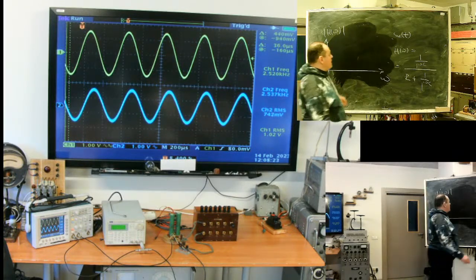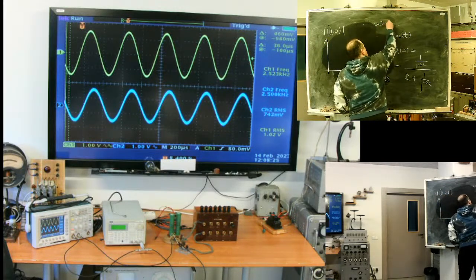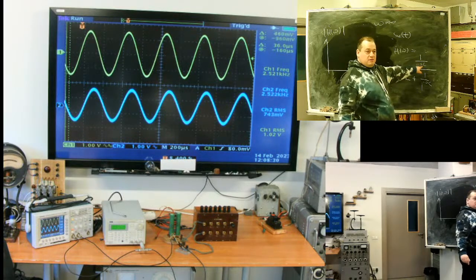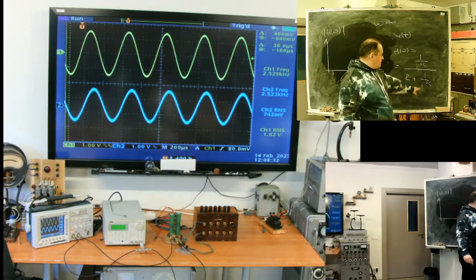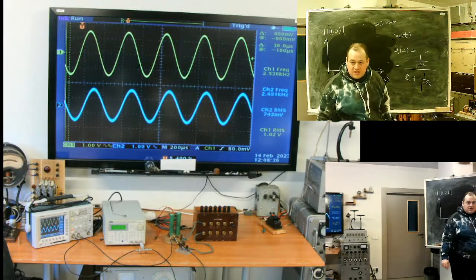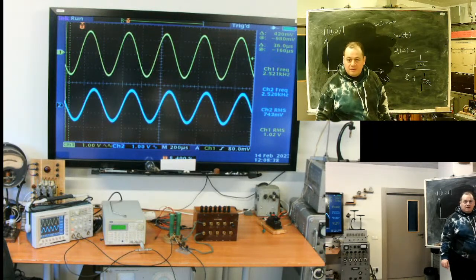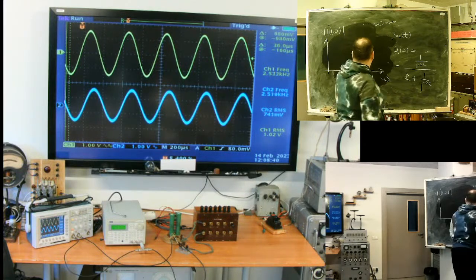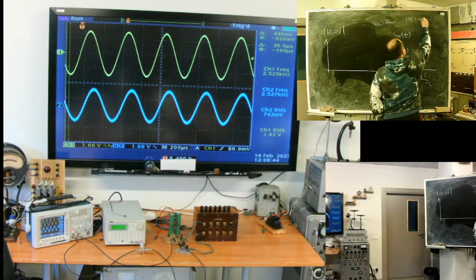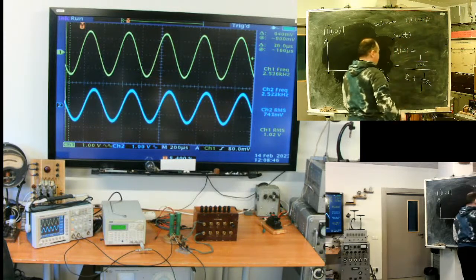What can we say? If frequency goes to infinity, this one goes to 0, but this one also to 0. And the result is 0 by 0. So the transfer function leads to 0.